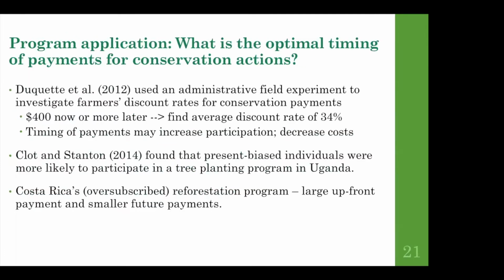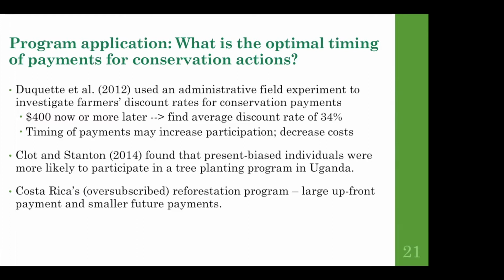And some of this work comes out of folks, is work that you all have done here at ERS, right? So because we know that there is this present bias, it might impact decisions we make about the timing of conservation payments, right? So Duquette et al. in 2012 did a really interesting administrative field experiment with the American Farmland Trust, which gave farmers some options about how they would receive conservation payments.